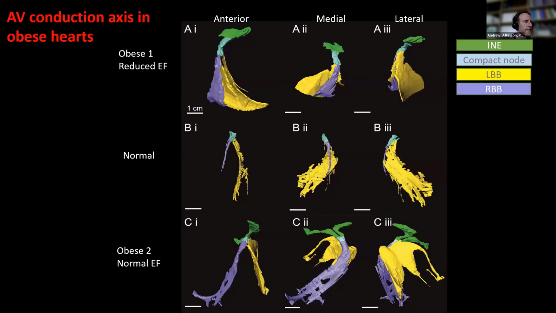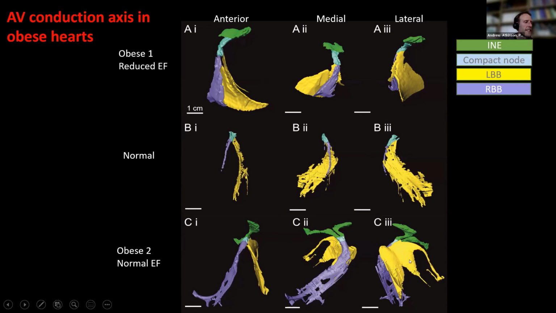Next we look at the AV conduction axis. Here in the normal heart, we saw the conduction axis as we'd expect to see, with a cable-like right bundle branch and a bit of a fan-like left bundle branch. But in the obese hearts, the bundle branches appeared to be much more diffuse structures.